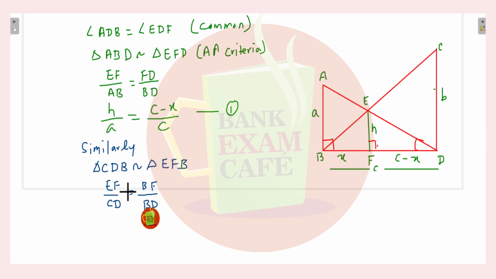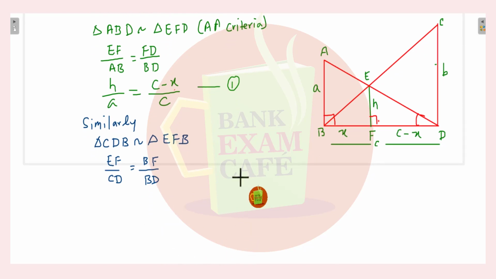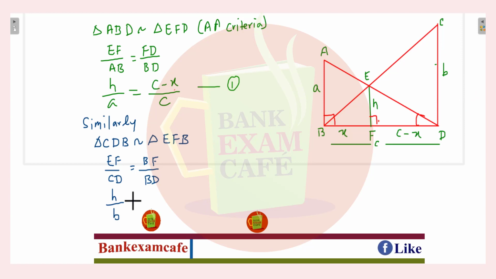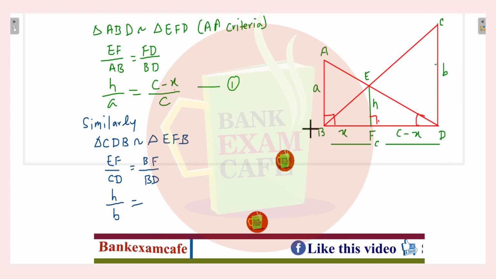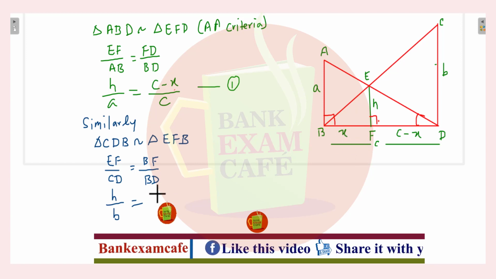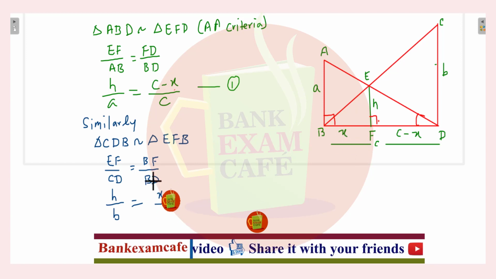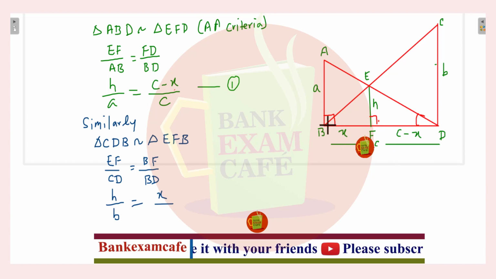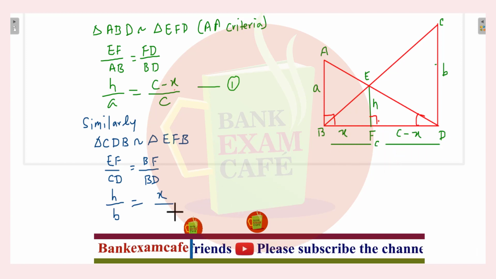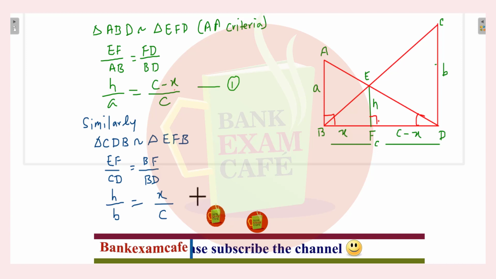Now put the values of EF and CD. EF is H again, and CD is B. So it is H upon B, which is equal to BF. BF is X upon BD, and BD is the total length, C. So X upon C. Let this be equation number 2.